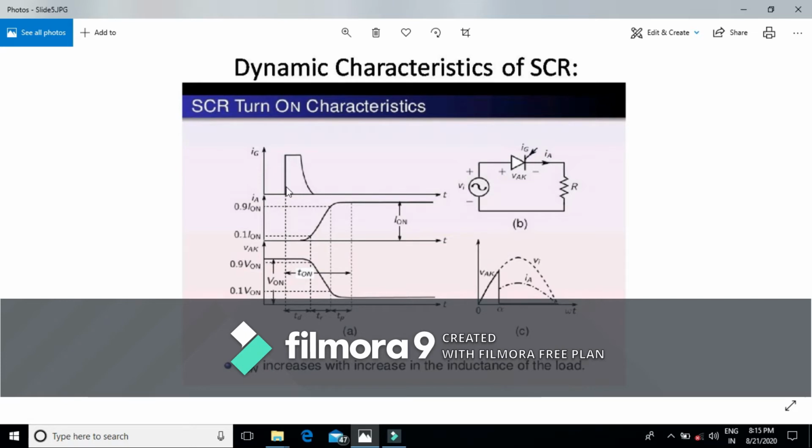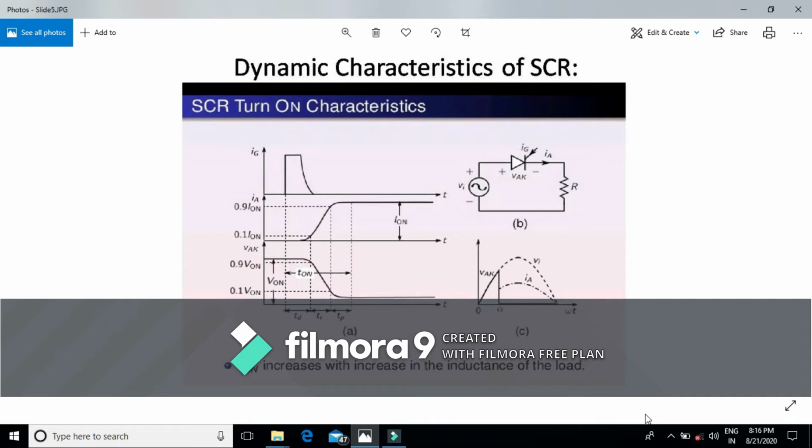With the flow of this gate current, it has been found that during this delay time, anode current flows in a narrow region near the gate where the gate current density is the highest. This is due to the non-uniform distribution of gate current over the cathode surface due to the inner P layer.